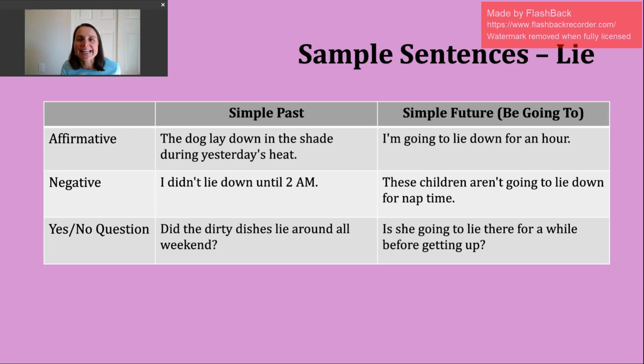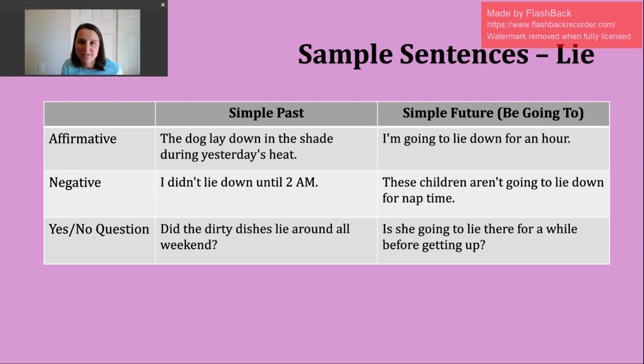If my subject is he, she, or it, I'll use is. And if my subject is you, we, or they, I will use are. After that, it's going to be the same structure. So we have our present form of be, then going to, and the base verb. An example of this might be, I'm going to lie down for an hour.